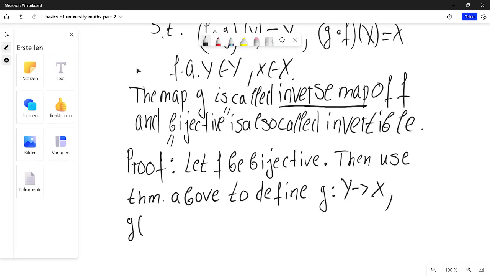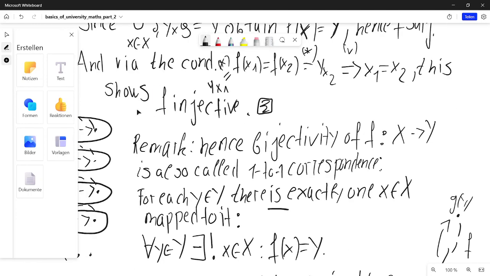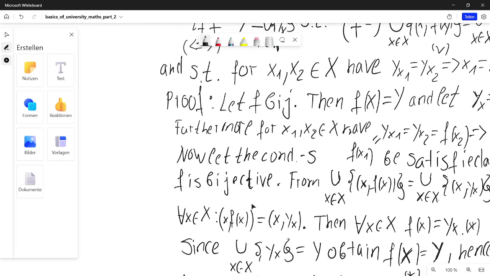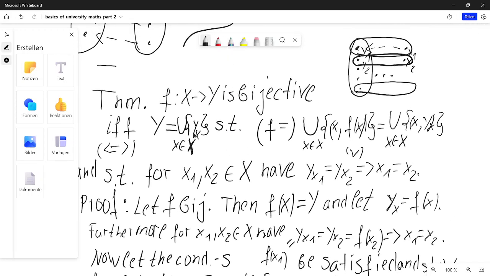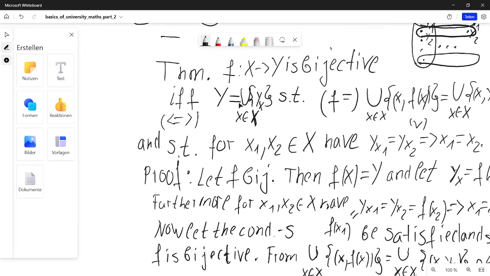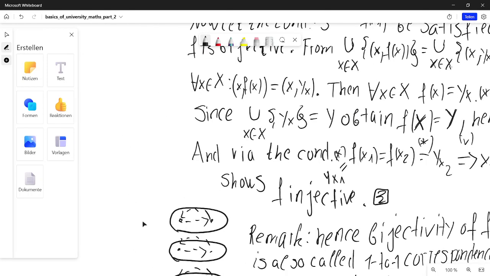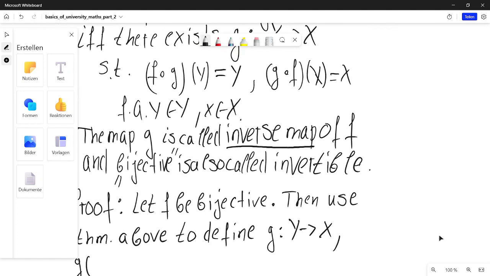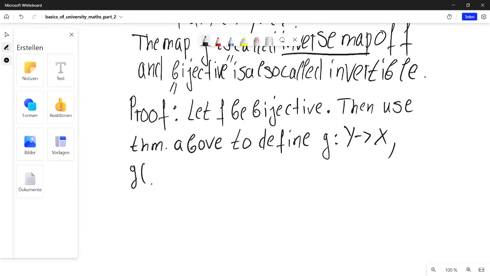Well, just recall our theorem about pair representation and just take how each element in Y is represented like that, and just take G of y to be x. Here we have to show that it is well defined, because theoretically we could have this be the same element as this, right?